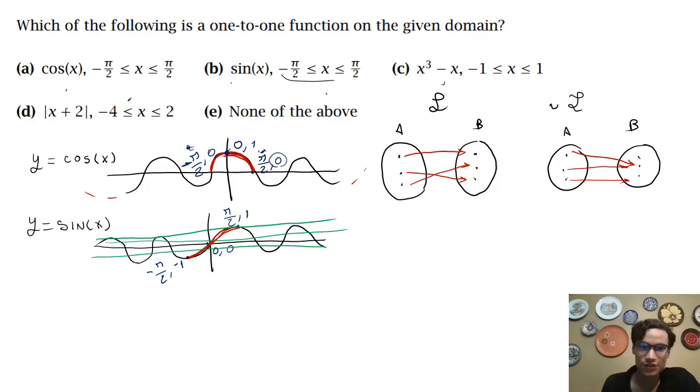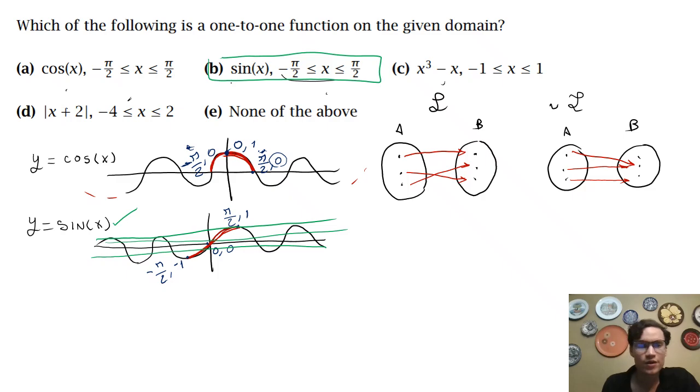Here in this case, this red chunk with any horizontal line will be only cut at one point. So this is a one-to-one function. So the answer of the problem is letter B.